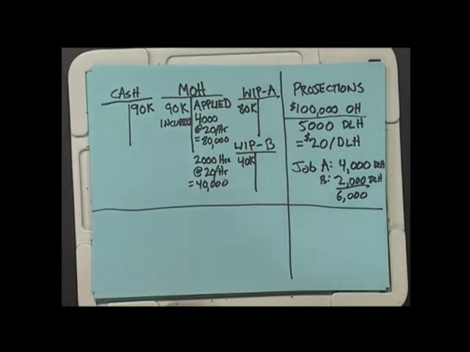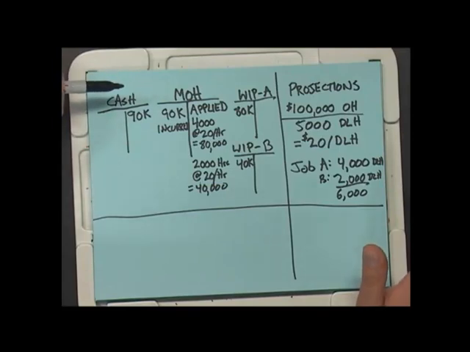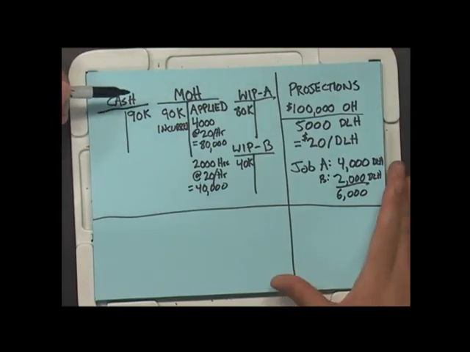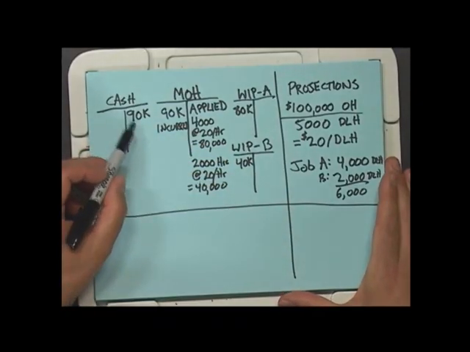One last thing I want to share with you before we go is you will notice that I tend to write the credits first and the debits second. And in most classes that you have taken, you always hear debit, credit, debit, credit. No one says credit, debit, unless they're in cost accounting. It's very useful in cost accounting to think of the credits first because you can see how these costs flow through the system.